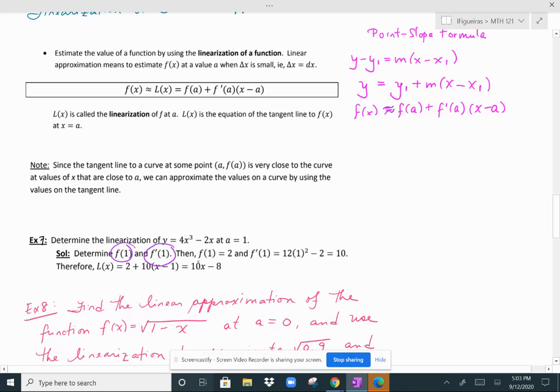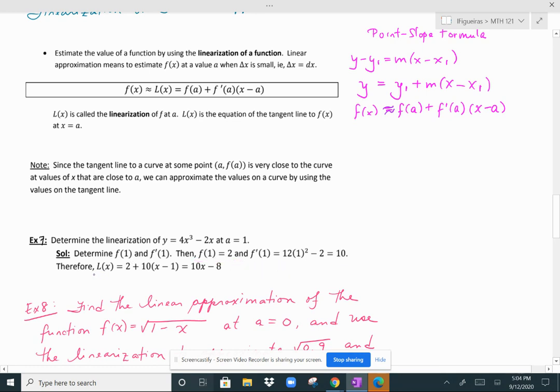So when you plug in 1 into 4x cubed minus 2x, you get 2. When you take the derivative, you'll get 12x squared minus 2. So when you plug in 1, you'll get the value of 10. So we know that f of 1 is 2, f prime of 1 is 10.